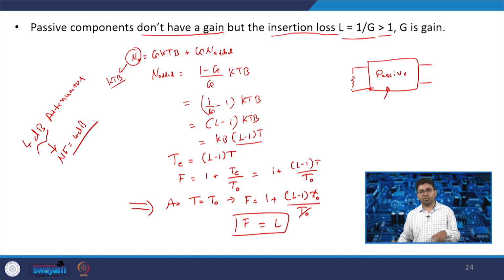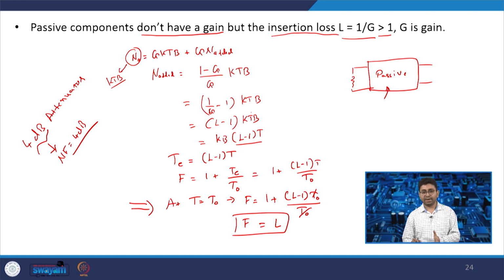So, for any passive component you will get a noise figure which is equivalent to its loss, and when you want to include it in the Friis formula, when you want to consider the gain, then the gain will be nothing but 1 by L. So, in this derivation what we did is, we took a passive component and connected a noise source.